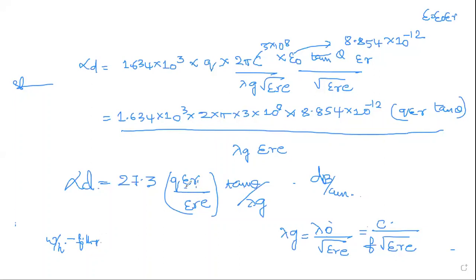These quantities are all related to each other. It is a function of epsilon r, and it is also a function of epsilon re. So this is one important equation. Then we just go through it once.